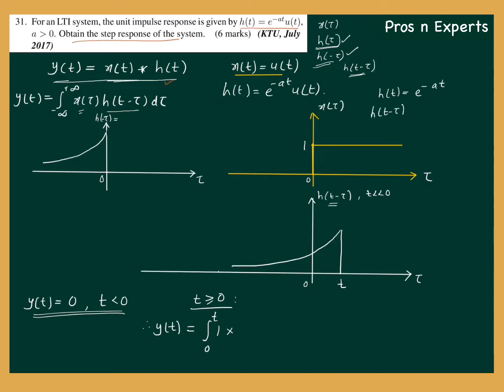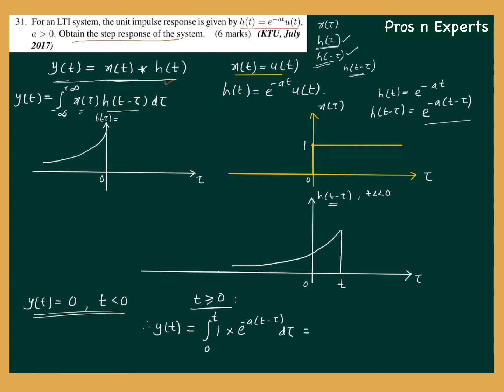Replace t by t minus tau, so e raised to minus a into t minus tau. So x of tau into h of t minus tau, I can write as e raised to minus a into t minus tau d tau.